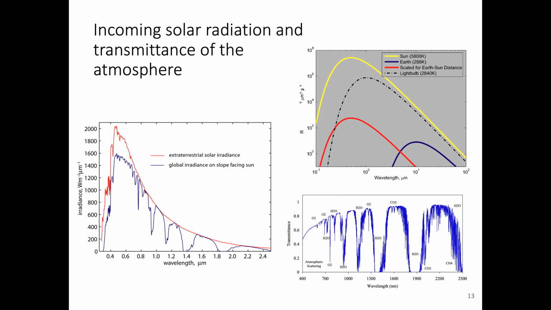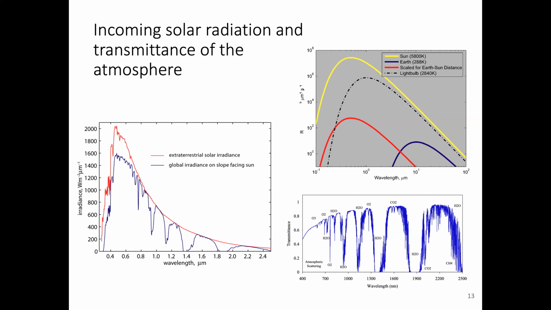The Earth is 93 million miles from the sun, and the amount that reaches us is a bit lower and represented by the red line in that upper right graph. The Earth has a much lower temperature of 288 Kelvin, and thus a lower peak that is shifted to the right. For reference, a standard incandescent light bulb at 2,840 Kelvin is plotted as well.